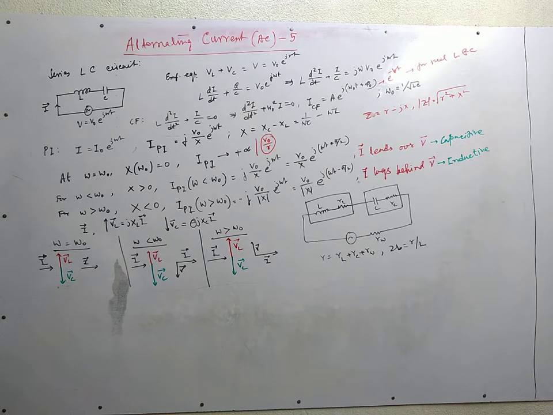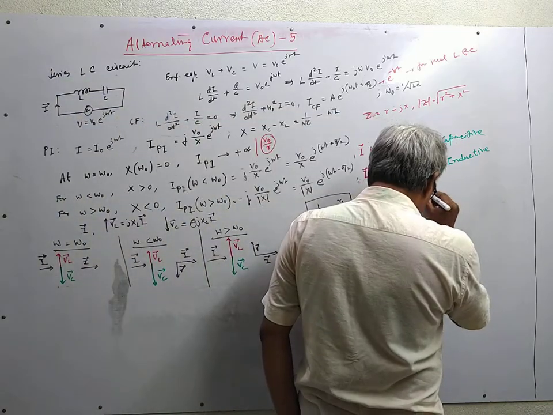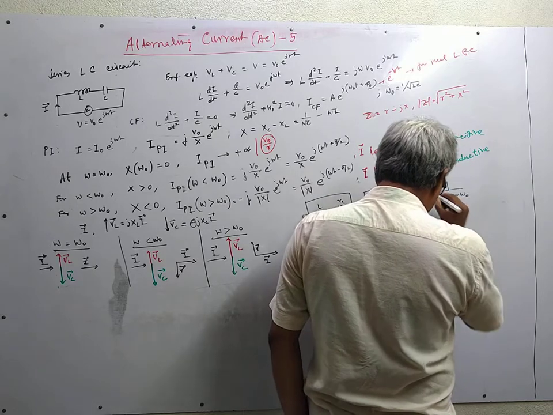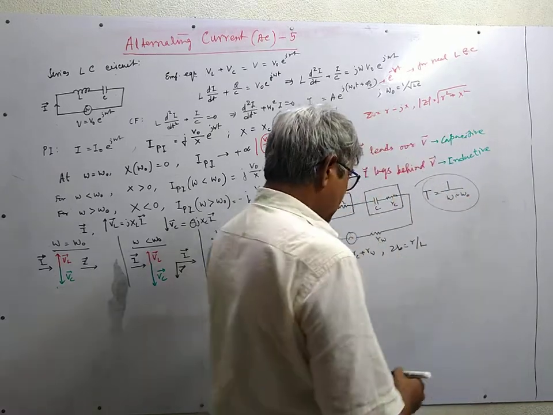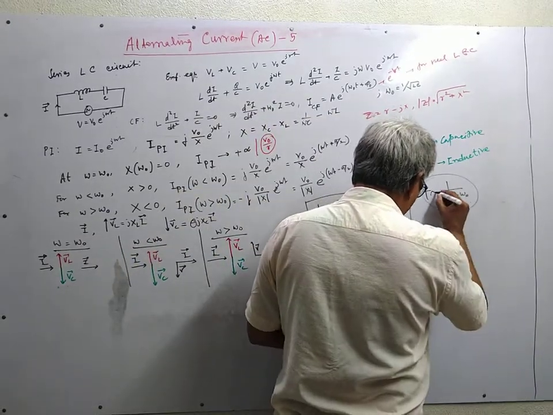The current in the circuit will no more be sinusoidal, but it will be a periodic one, and the time period will depend inversely on the difference of the frequency. The time period is, omega 0, a 2 pi factor will be there.